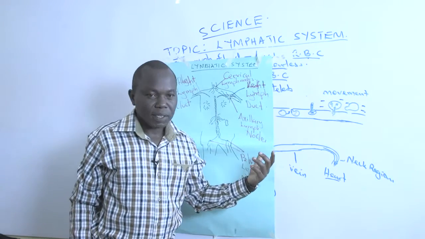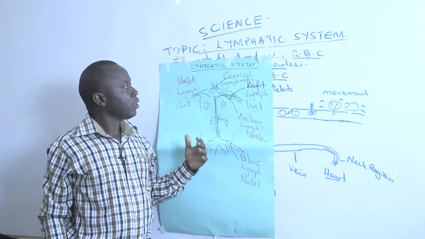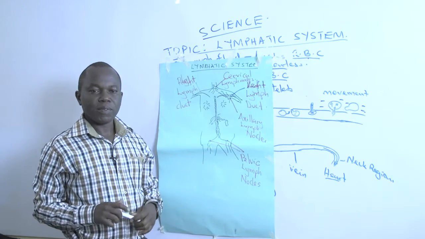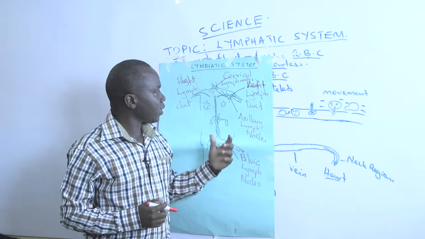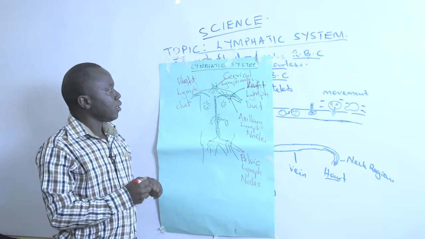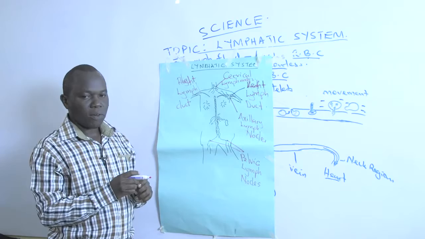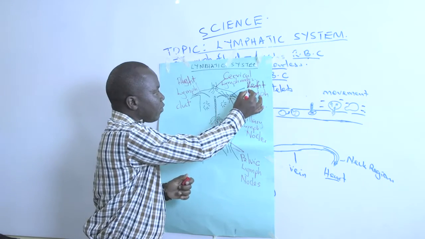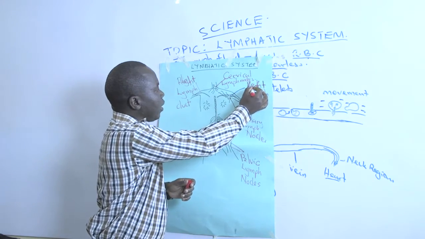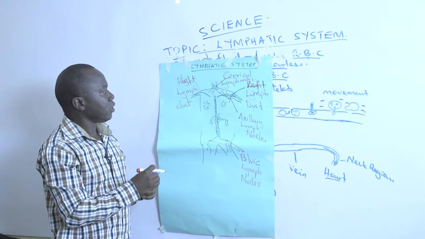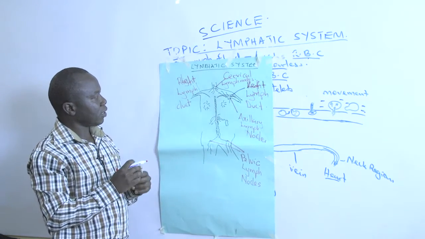So we have already said that the lymphatic system consists of some components. Lymph fluid is one of them. Lymphatic vessels, we have some on our chart here, and then some other glands and organs. On this side, we have the left lymph duct. On this side, we have the right lymph duct.